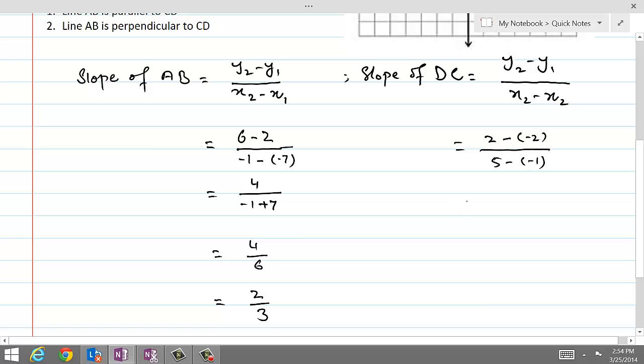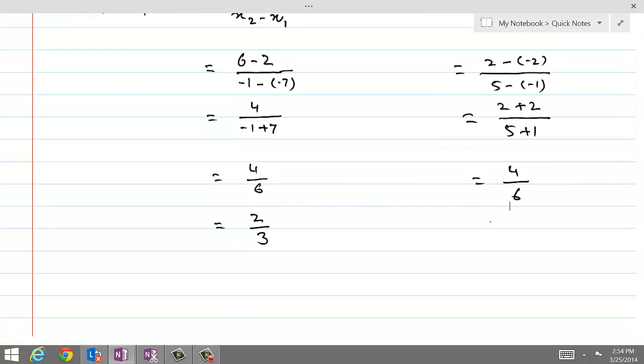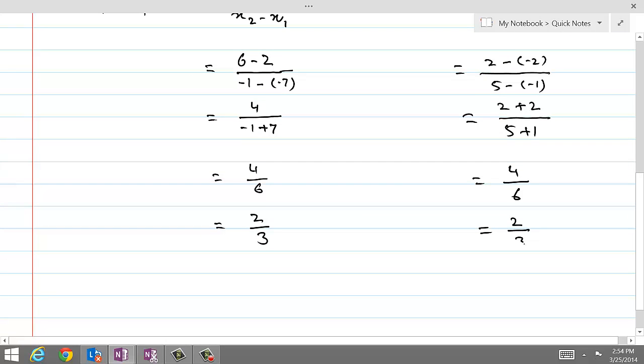So this will be equal to 2 plus 2, because negative times negative will be plus, divided by 5 plus 1. So this is equal to 4 over 6, and in the lowest form this becomes equal to 2 over 3.